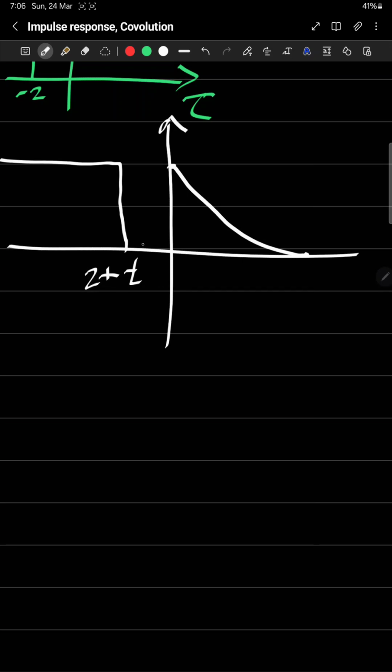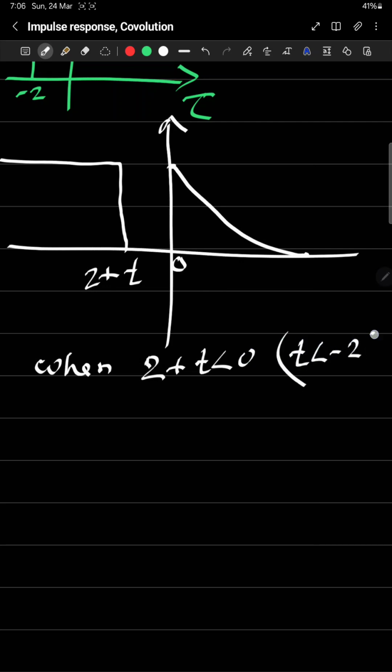What I'm going to try is to slide this waveform from left to right. If we keep it like this, you'll have different cases. When this is the first case, let me write it as case 1: when 2 plus t is less than 0. That means when t is less than minus 2.